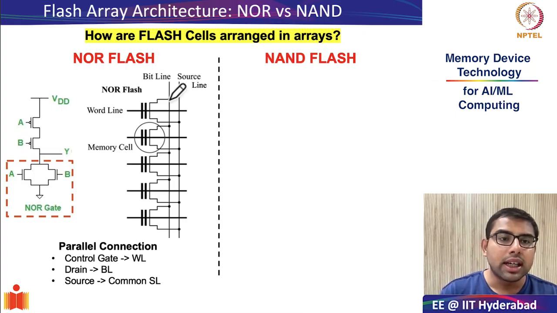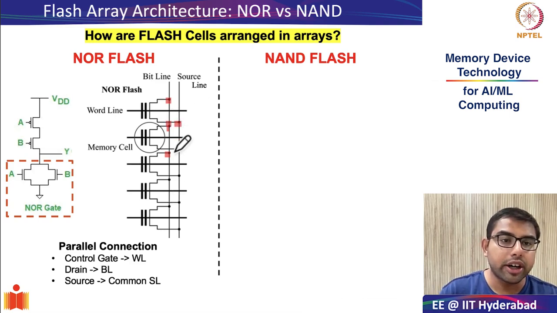This is because if you notice clearly, in all the flash cells, the drain is connected to the bit line. So this is the drain of the first cell connected to the bit line, second cell, third cell, and so on and so forth. Whereas the source of every cell is connected to the source line, right?